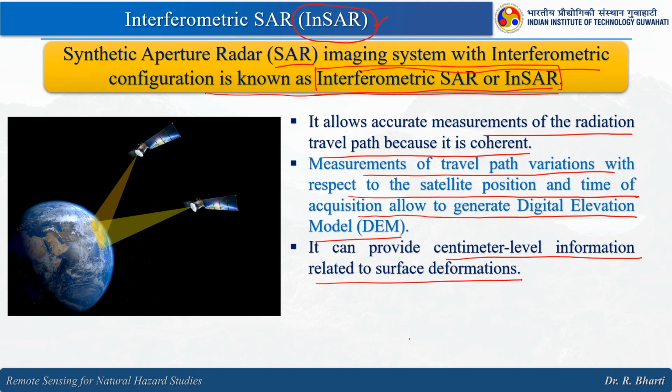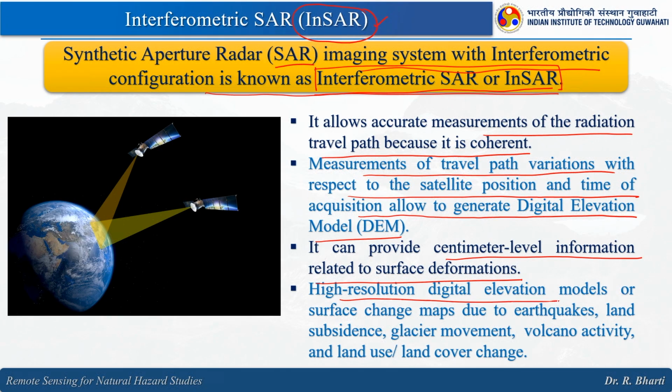That is why InSAR is widely used in surface deformation studies: high resolution digital elevation models or surface change maps due to earthquakes, land subsidence, glacial movement, volcanic activity and land use land cover change. These are the most common areas where InSAR is widely used.